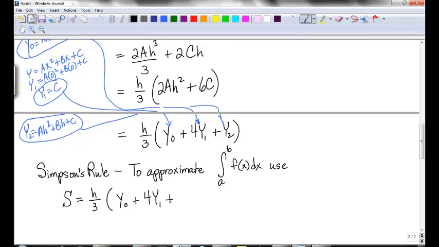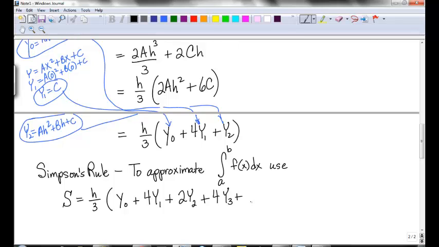Now, I only did like two intervals. This only went part way. So the next term is 2 y sub 2 plus 4 y sub 3 plus, it's going to alternate in there, 4, 2, 4, 2, 4, 2.